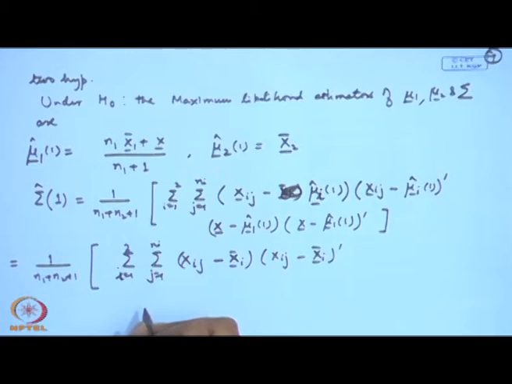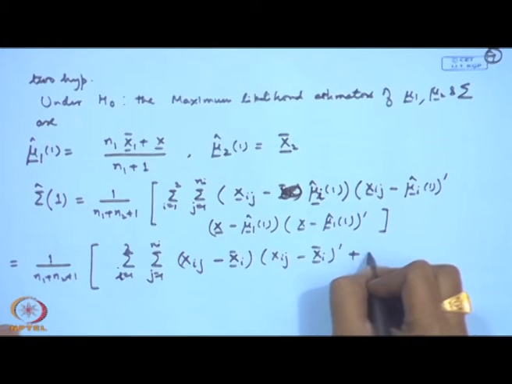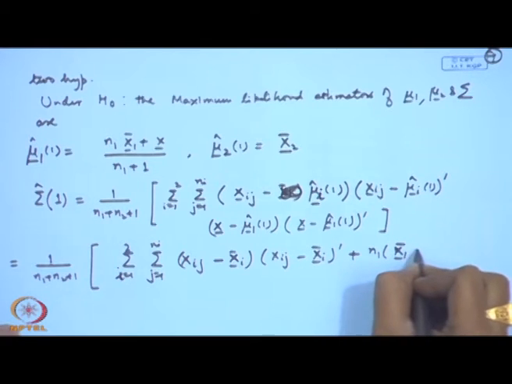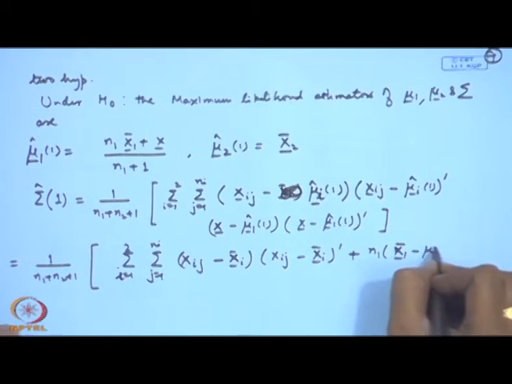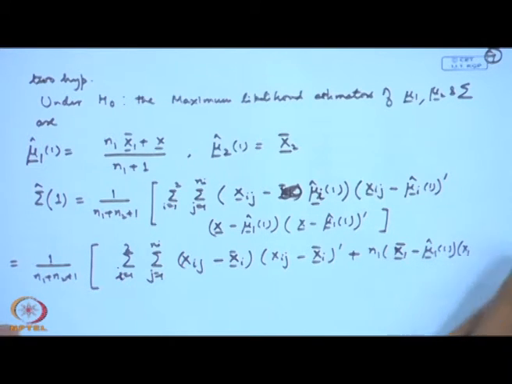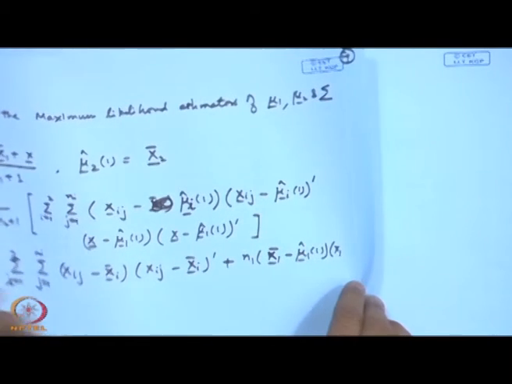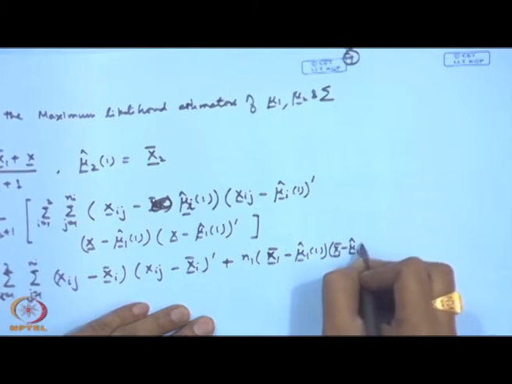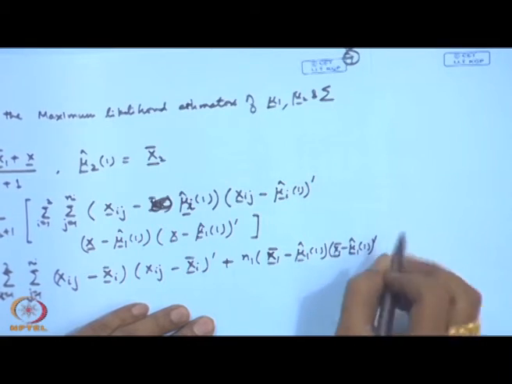Then there will be some extra term coming in here, that is plus n 1 (x 1 bar minus mu 1 hat 1)(x 1 bar minus mu 1 hat 1) transpose.